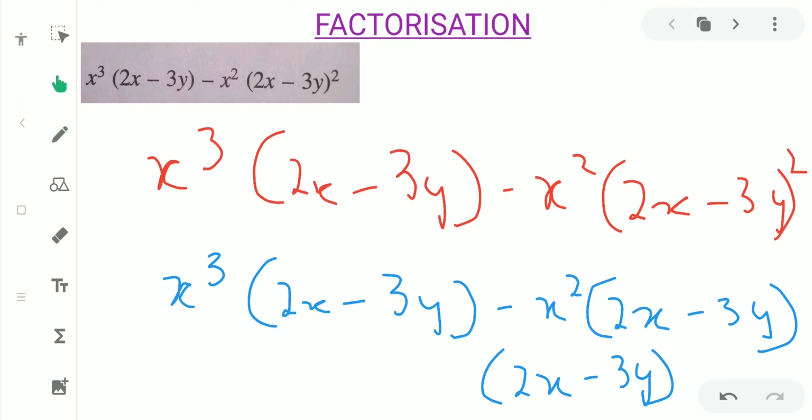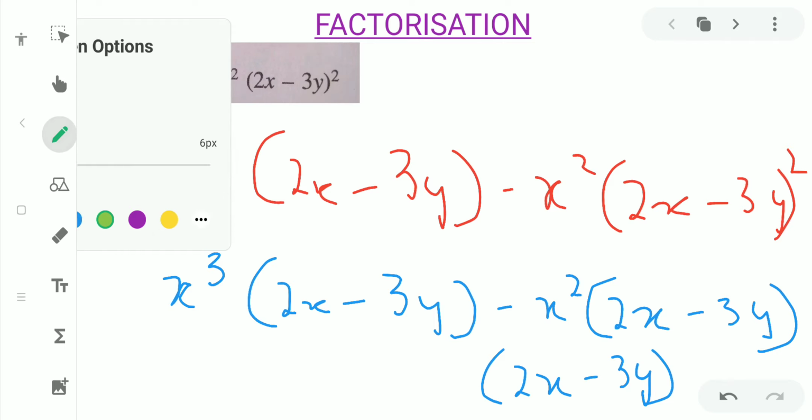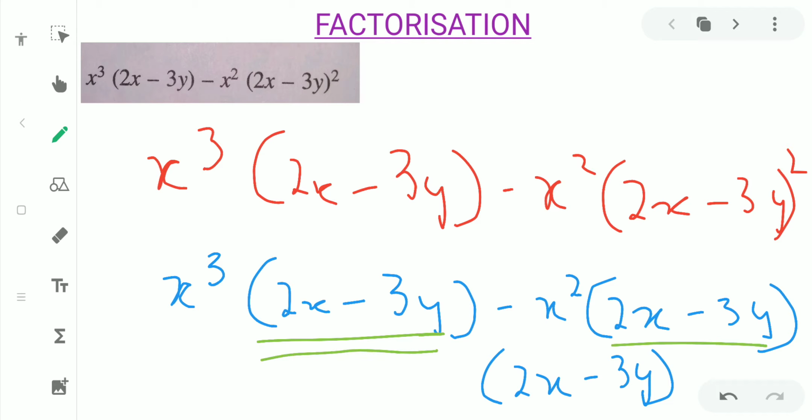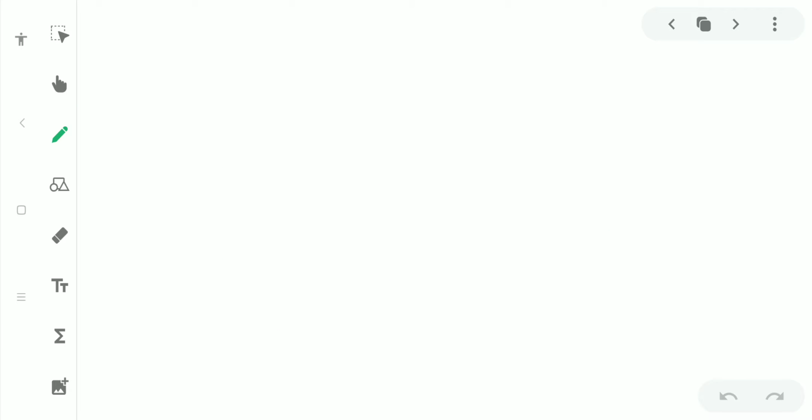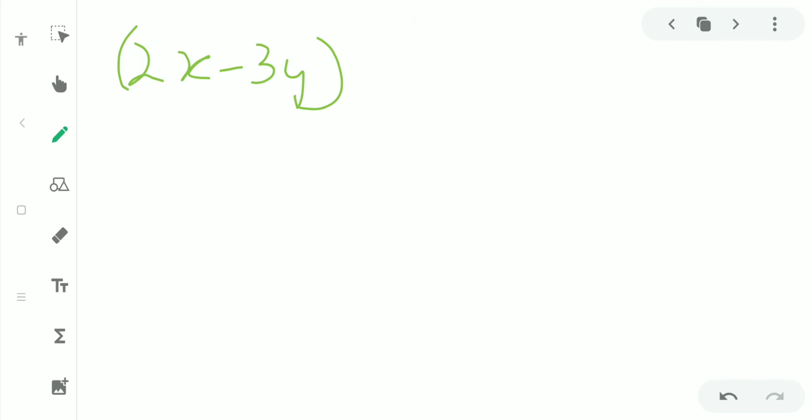Now you can see we can take 2x minus 3y common from each expression. If I take 2x minus 3y common outside, and from x cube and x square I can take x square out.